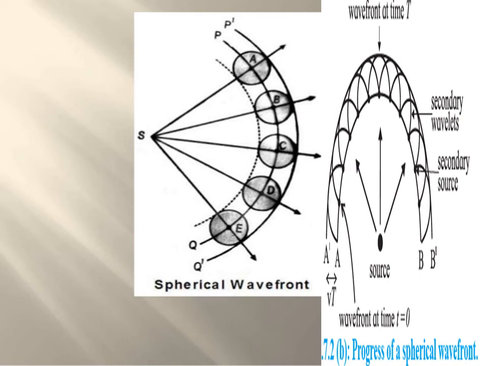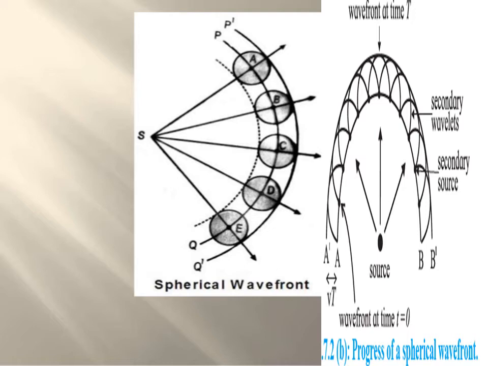Here, this is the source of light. This source of light emits the primary wavefront. This is PQ. At initial time t equal to 0, all these points on the wavefront act as secondary sources of light. From these secondary sources, the secondary wavelets go forward.